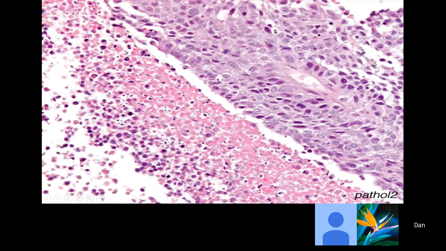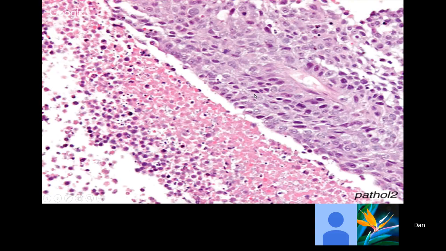Also you have in here a loss of connection between the cells. See, the cells start to become free, and the tissue is friable here as well. So those are typical signs of malignancy. But be careful. There are some steps sometimes, like dysplasia, and severe dysplasia will look the same way.